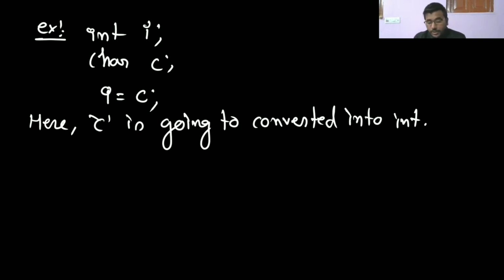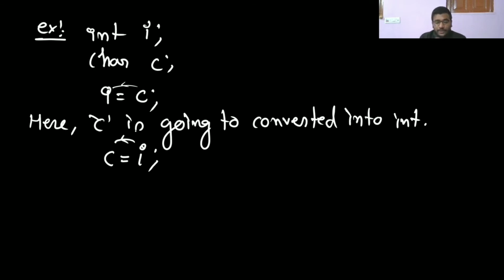Understood? So in this way, you first convert char to int. Now in c you are writing I, so whatever it was having, it is having now. You have converted int into c, so no change will happen.